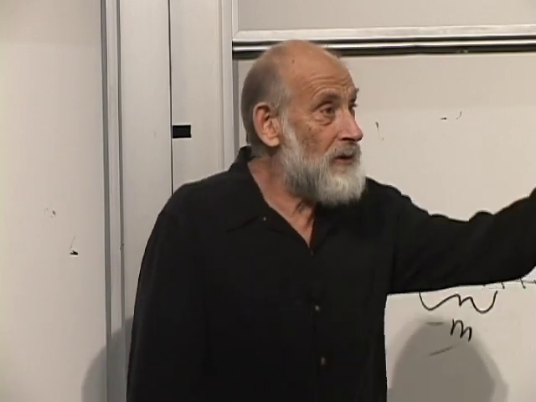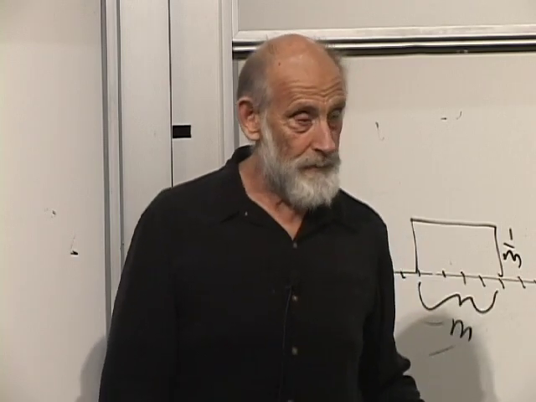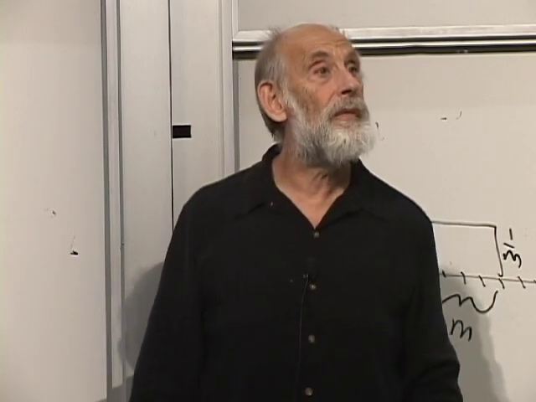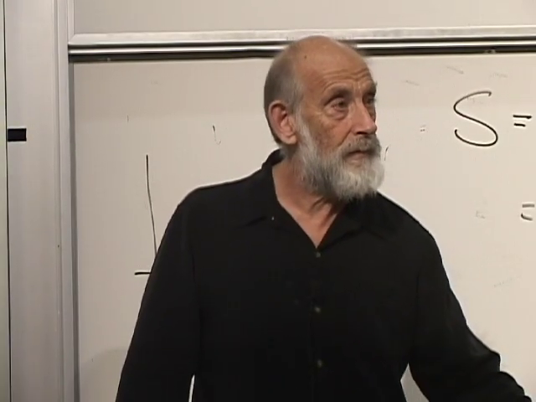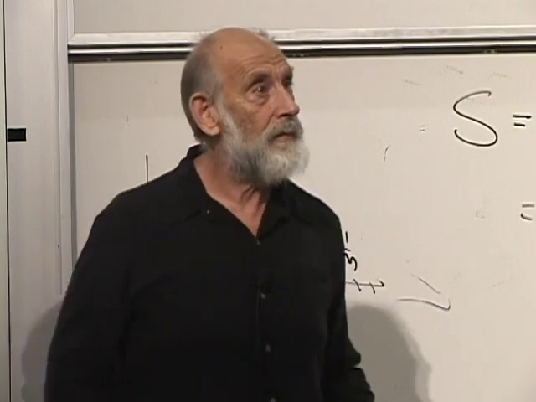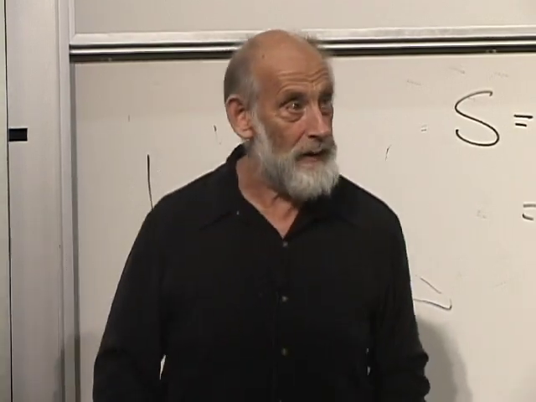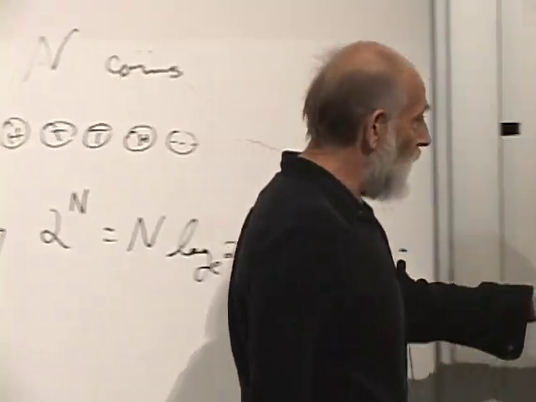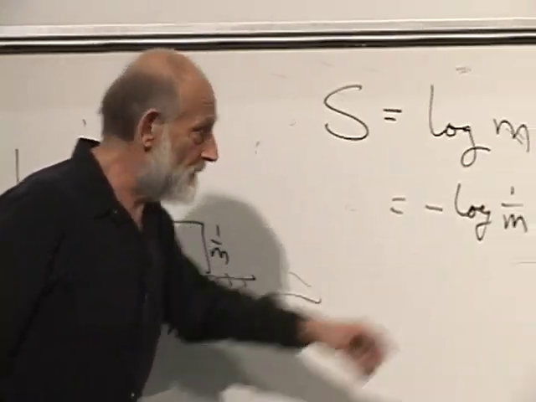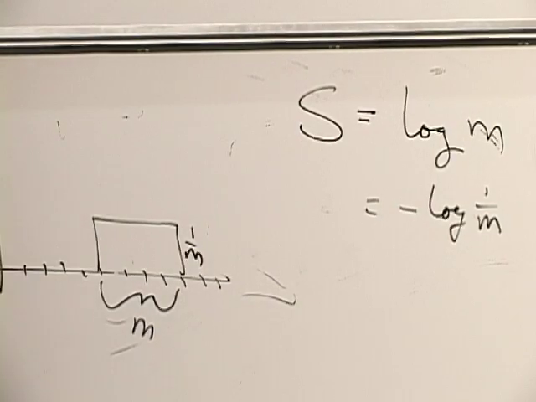Then there would be some states more likely than others. If you know the probabilities, you take an average of that logarithm quantity. Precisely.